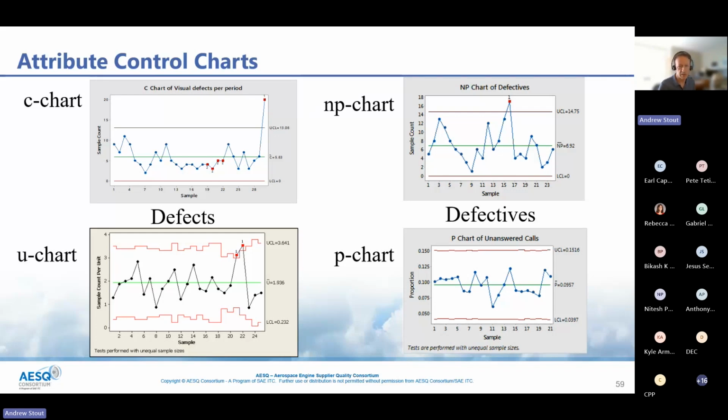If you look at the control limits shown in red, they do vary, which looks very confusing for someone who isn't familiar with it. Ideally, you'd have constant sample size, but it may not always be possible, and there are charts that can handle it. The U chart and the P chart can handle varying sample size.